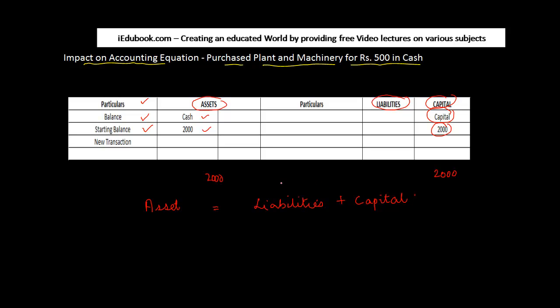Now what is happening in the present case is that we have purchased plant and machinery. For what? For cash. Okay, and how much have we paid? We have paid 500.